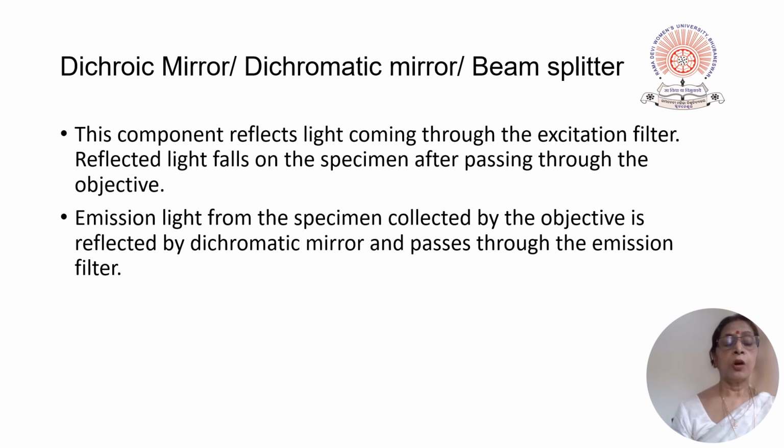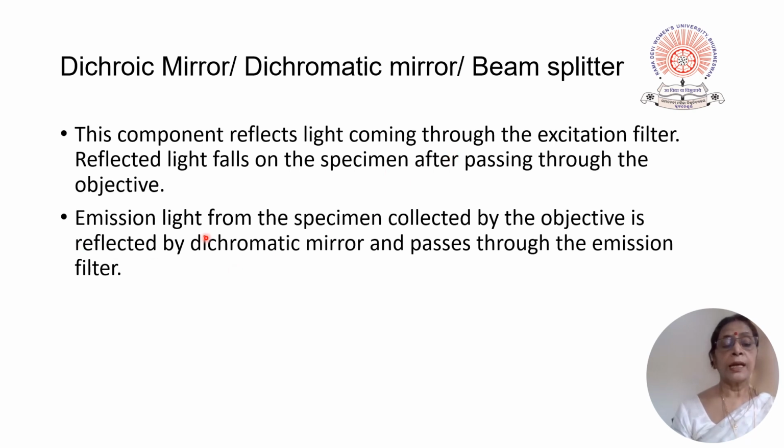Dichromatic mirror or beam splitter, it reflects the light that comes through the excitation filter, and this reflected light is directed towards the specimen after passing through the objective. So the reflected light first passes through the objective, then it falls on the specimen.